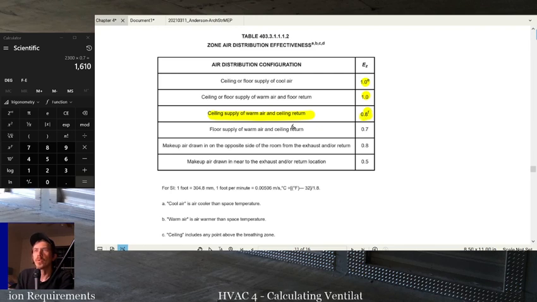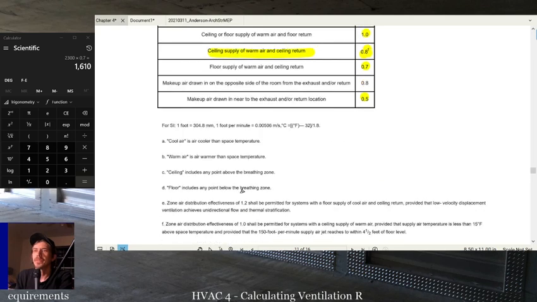Floor supply of warm air and a ceiling return is 0.7. It's only 70% effective. All right. Makeup air drawn on the opposite side of the room from the exhaust and or return is 80% effective. And makeup air drawn in or near to the exhaust and or return location is only 50% effective.